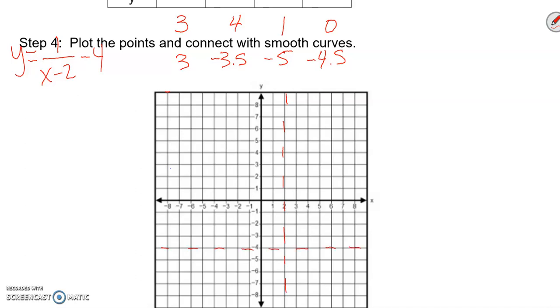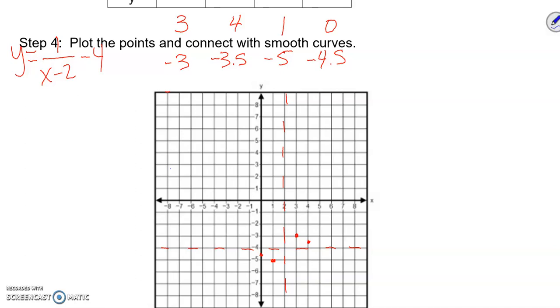So remember, those are the lines that the curve will not touch. So let's plot our points. So first I had 3, -3. Then 4, -3.5. Then 1, -5, and 0, -4.5.